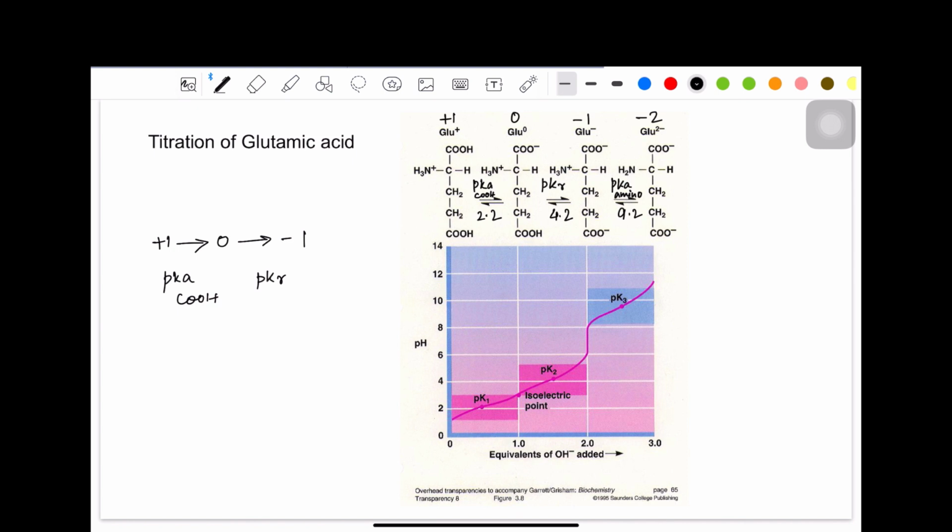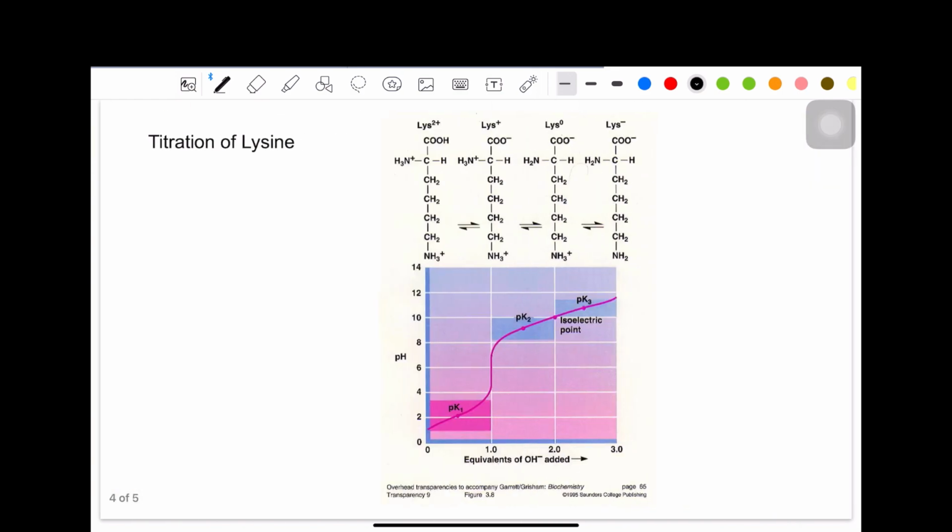And we will have to make an average of these two. Okay, so we can calculate the pI from here. The pI will be 2.2 plus 4.2 divided by 2, which will be 3.2. So that is the pI of glutamic acid. Now let's look at the other amino acid, which is lysine.